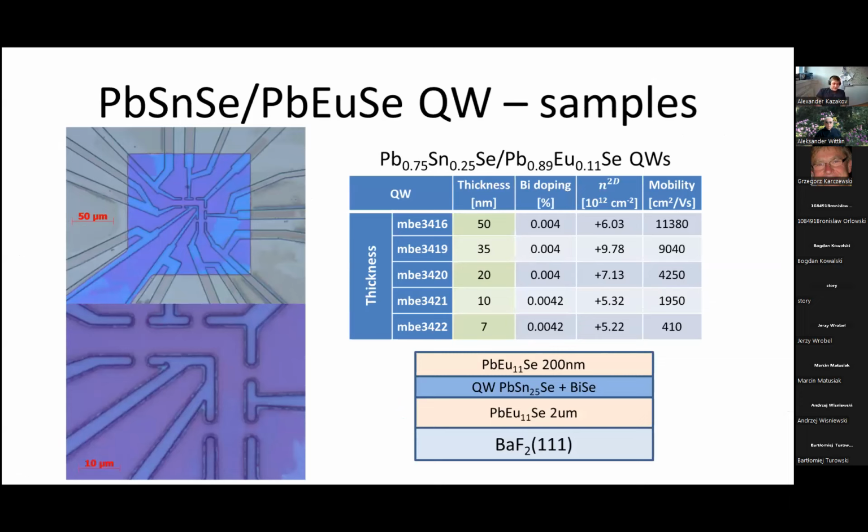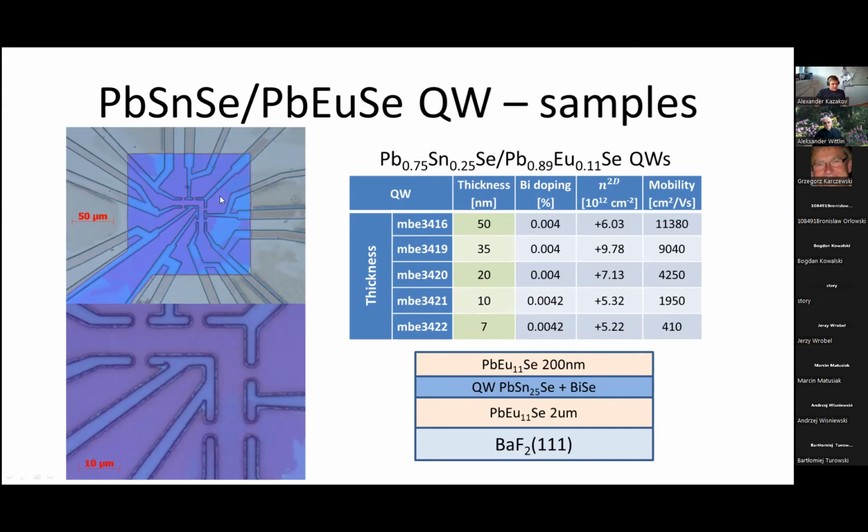So these are several quantum wells which we grew. They are based on lead-tin selenide with the tin content corresponding to the topological composition. Bismuth was used as an N-type dopant, and this is the simple structure which was grown by MBE.